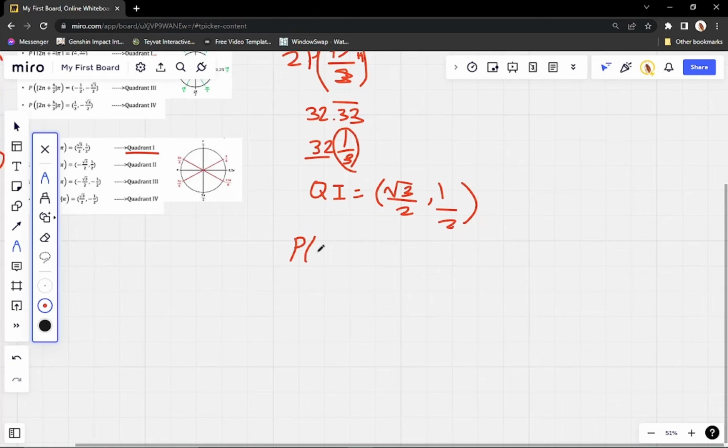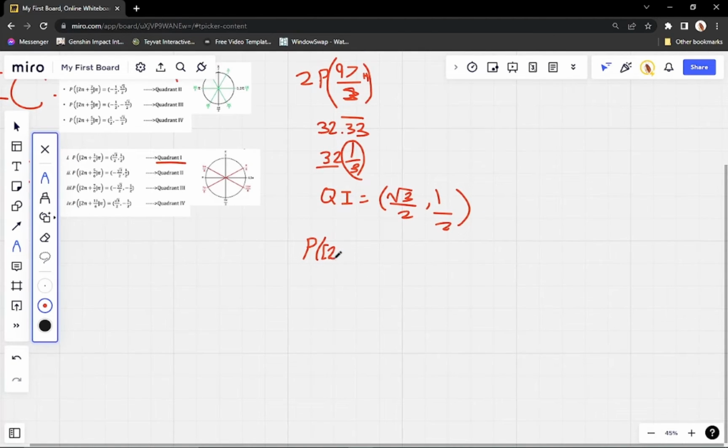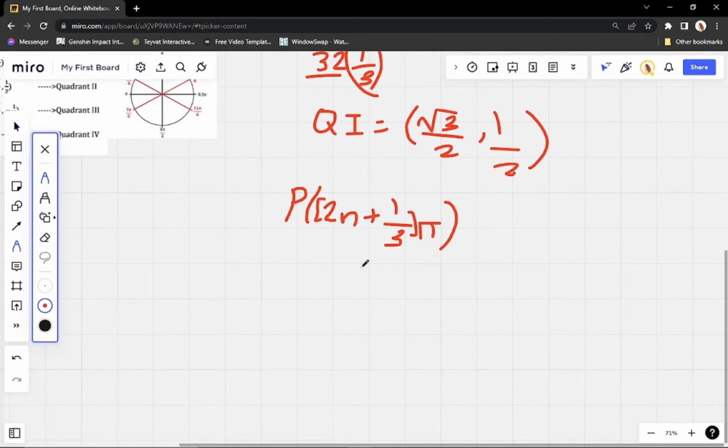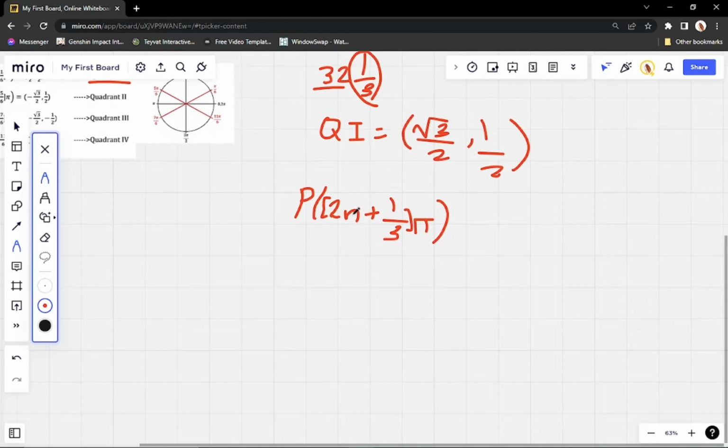Pi times (2n plus 1 over 3). So we should divide it by 2 first, so it could fit in this formula. 32 divided by 2 will be equal to 16.